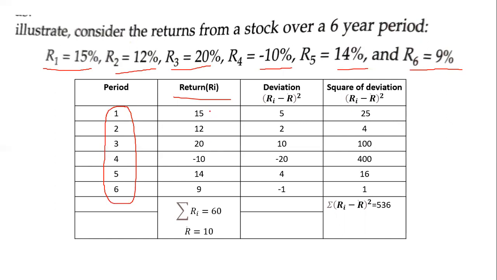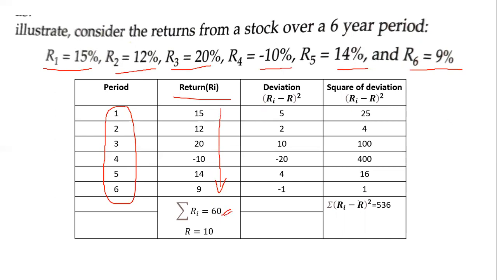So let's first calculate the return, that is nothing but R bar. We have 15 plus 12 plus 20 minus 10, 14 and 9. Adding all this, we will get 60.